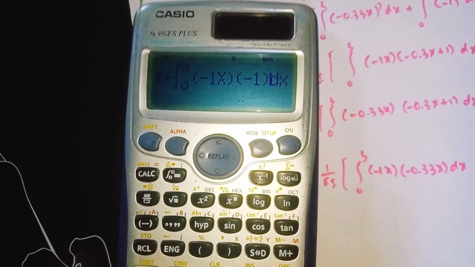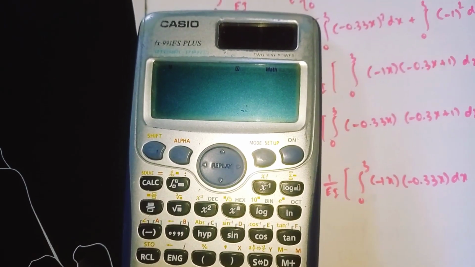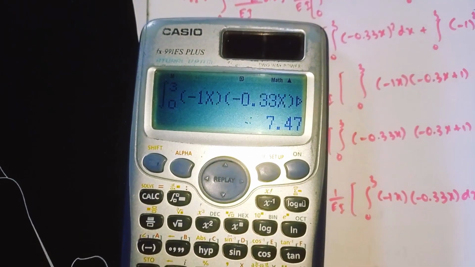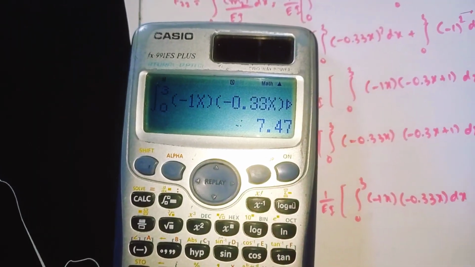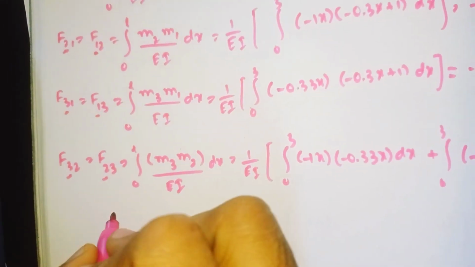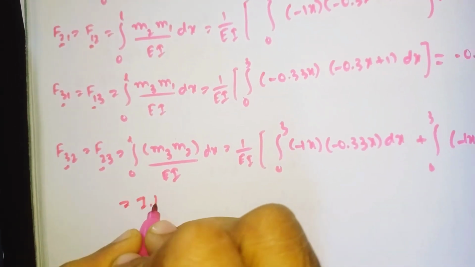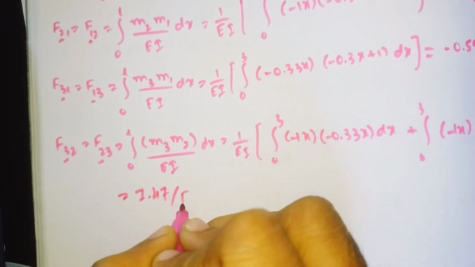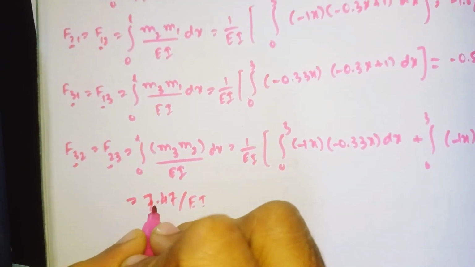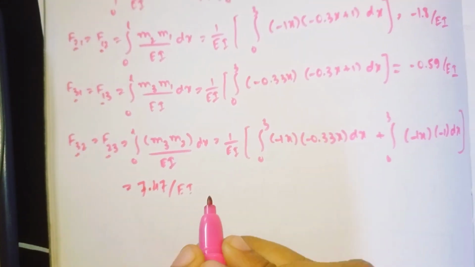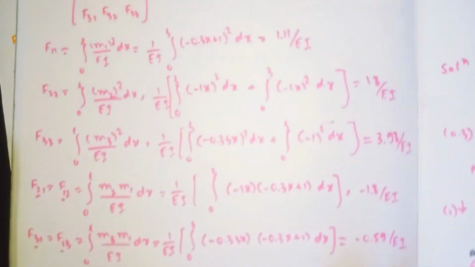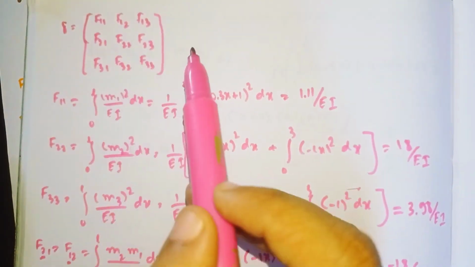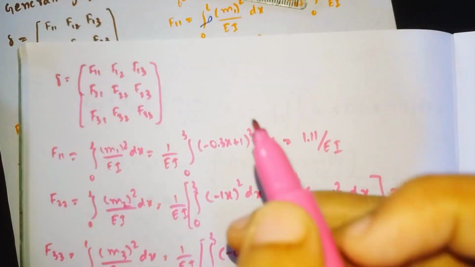So now solve it. It will come out as 7.47. So the F32 and F23 value will be 7.47 divided by EI. So this is how we need to calculate all the values in this matrix.